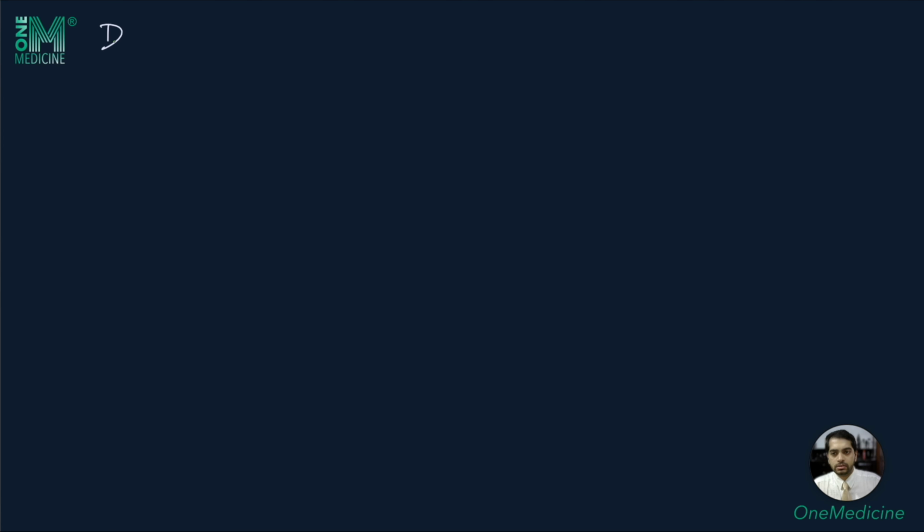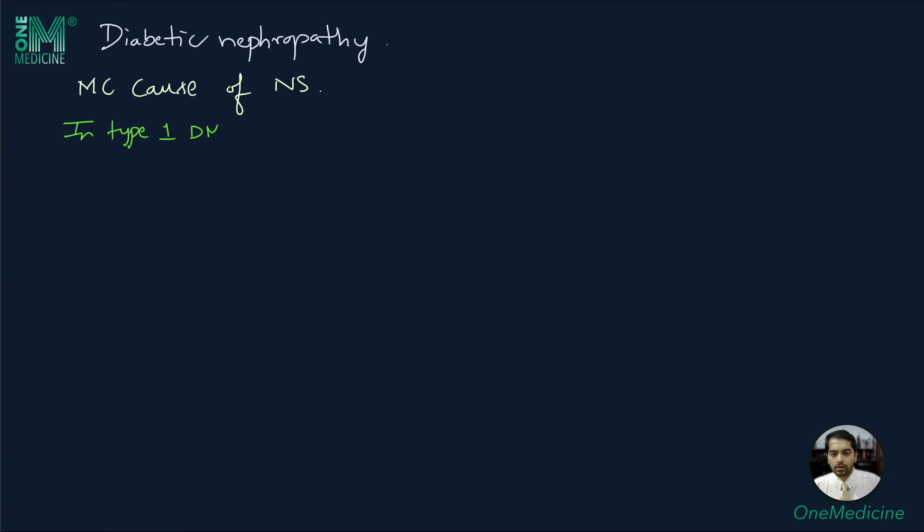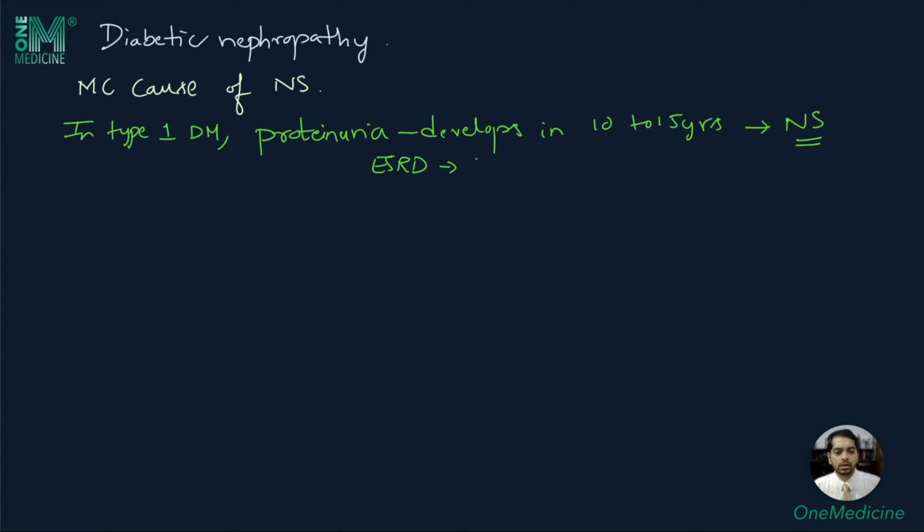The next cause is diabetic nephropathy. This is the most common cause of nephrotic syndrome. In type 1 diabetes, proteinuria develops in 10 to 15 years, which progresses to nephrotic syndrome, and end stage renal disease develops in the next 3 to 5 years.